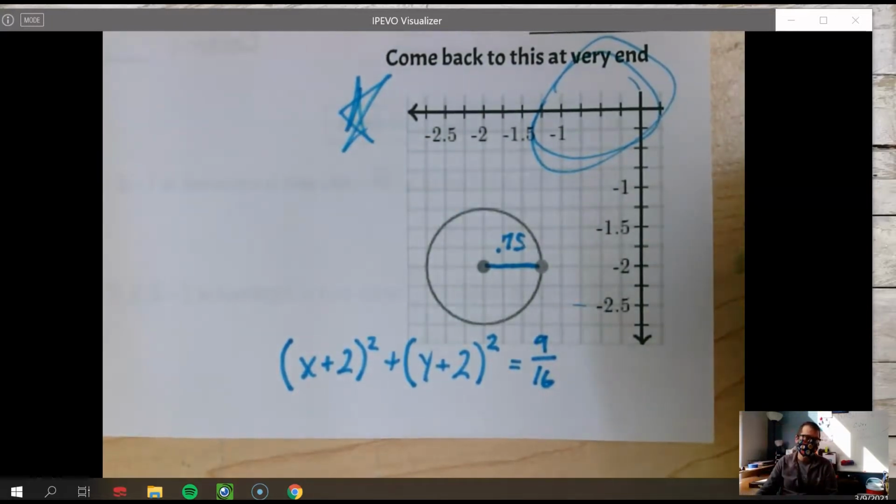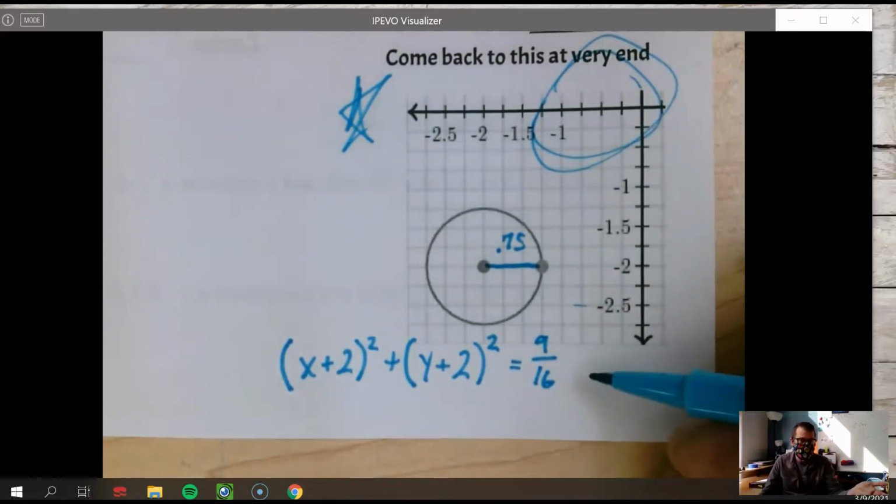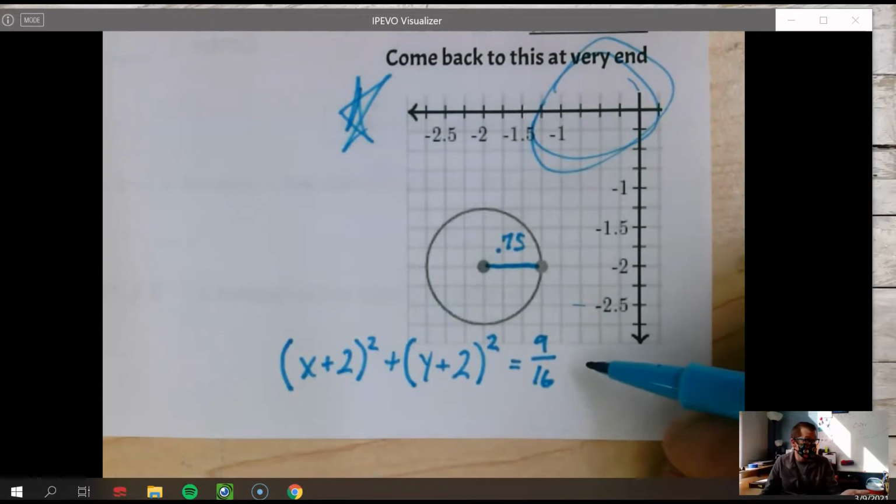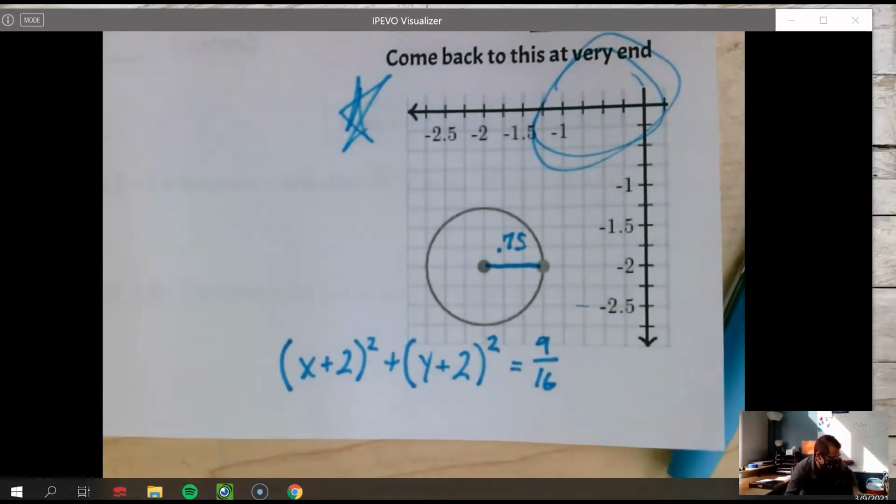Or if you do it as a decimal, 0.75 times 0.75 is, I don't know, it's not nice. I think it goes 4 decimal places. I think it's 0.5625. This is going to be over half. It's going to be a half and another 16th, right? 9/16.